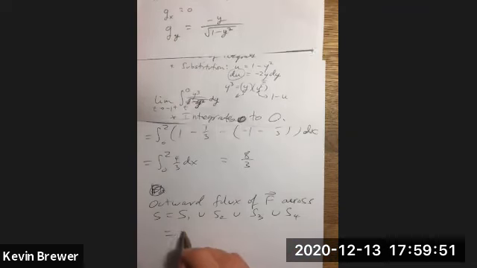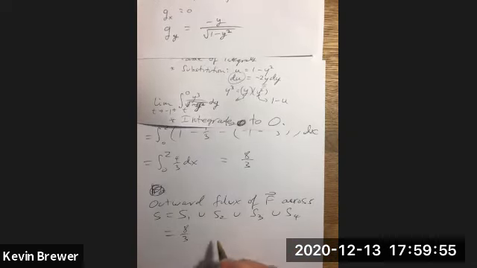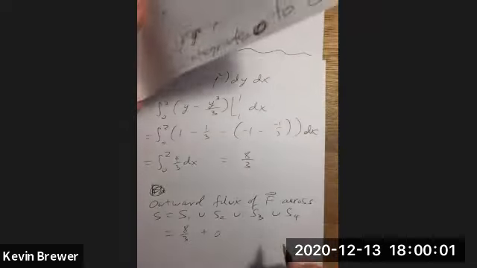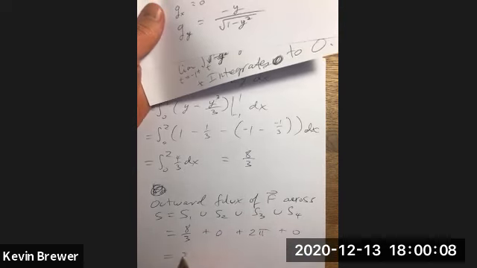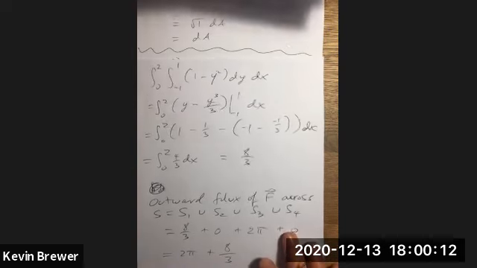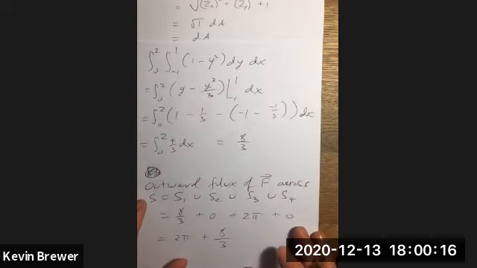We just did S1, so that's 8/3. S2 was a 0. S4 was a 0, and so S3 was the 2 pi, and the final answer is 2 pi plus 8/3. Well, if I decide to say any more about that one integral that got a little tricky, I'll follow up on it in a later lecture.